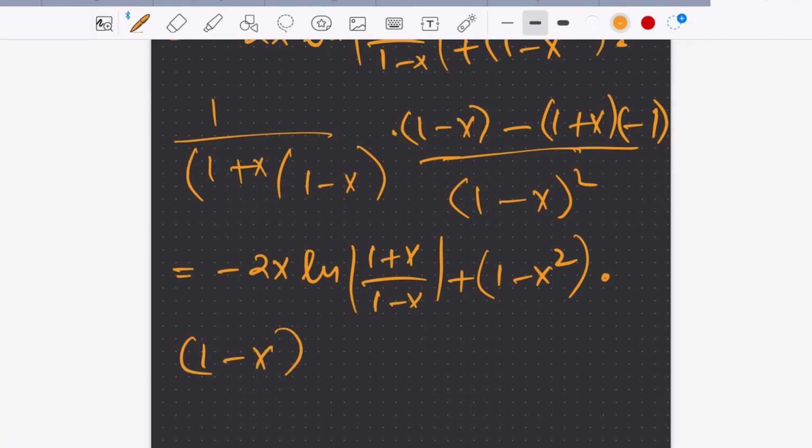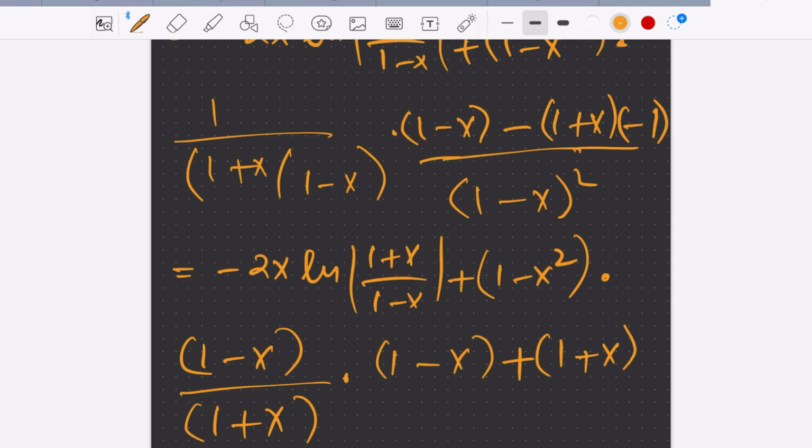Here 1 minus x is dividing, so it will come above, and then (1 plus x) dot (1 minus x), plus this minus will multiply with this minus and become plus (1 plus x), divided by (1 minus x) square.